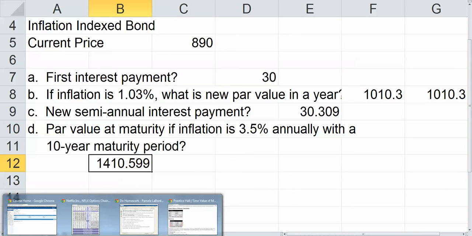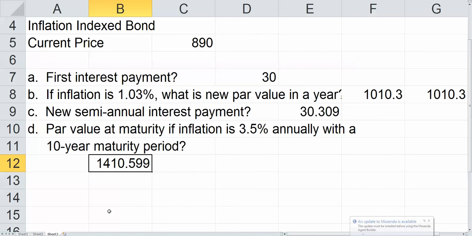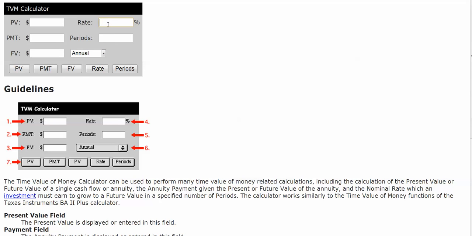Another way I could do that is to use the time value of money calculator and solve for the future value. Our rate would be the rate of inflation, which I've already forgotten, so I have to go look. 3.5%. So I would enter this 3.5 as my rate. There are 10 periods.